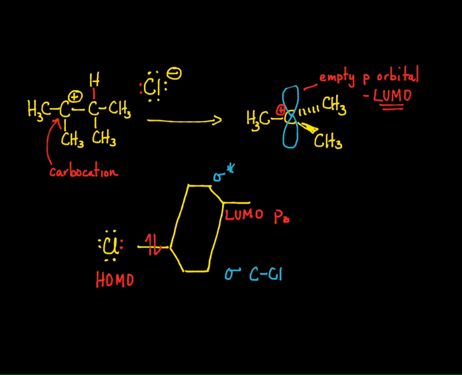The chloride donates to the LUMO of the pz, they mix together, and I create a new sigma bond. And so now I'm hopefully starting to get a little bit better picture of what's taking place in that particular reaction. In the first step, I have pi electrons donating to the sigma star of HCl, and then in the second step, I have the highest occupied molecular orbital of chloride donating to the LUMO pz orbital of my carbocation to create a new sigma carbon-chlorine bond.